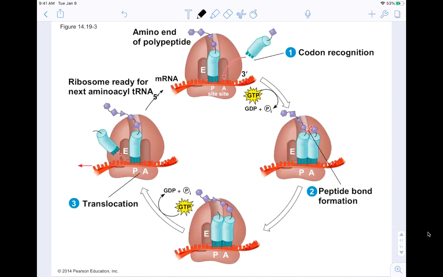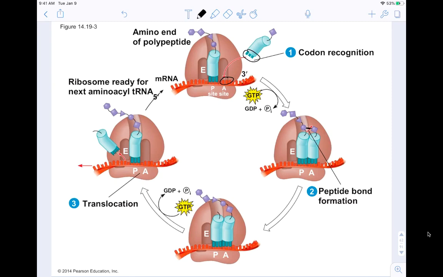So here we go. You have the recognition sites. The anticodon will be binding to the codon in the A site. That's our recognition. And then you have the polypeptide formation. You have the bond forming between the amino acids. That's a peptide bond between two different amino acids. Remember, we're passing on the amino acid.